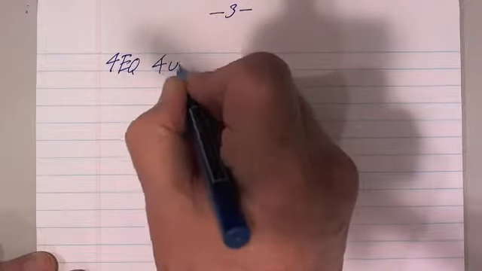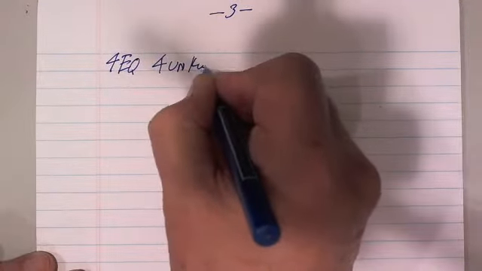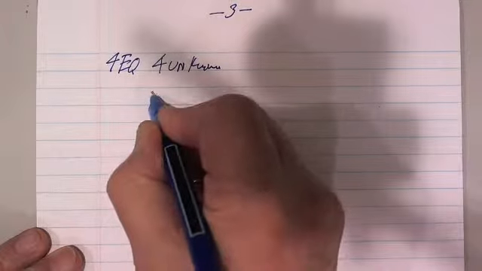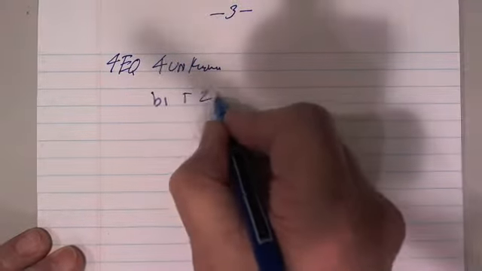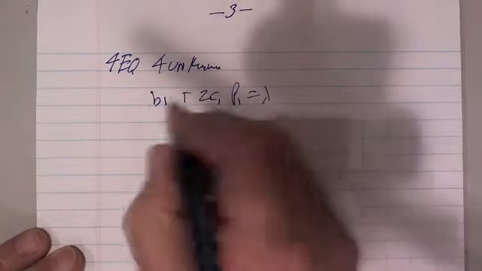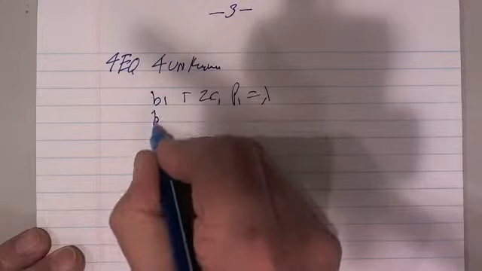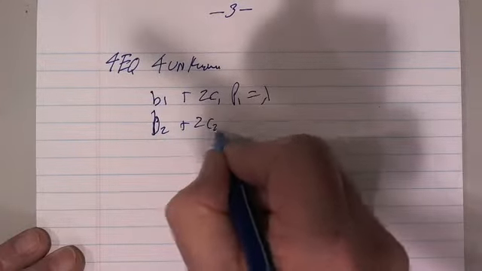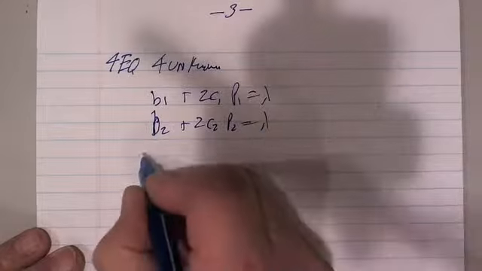Okay, now let's come back to our mathematical formulation. Remember we had 4 equations and 4 unknowns. So basically B1 plus 2C1 P1 equals lambda. B2 plus 2C2 P2 equals lambda.